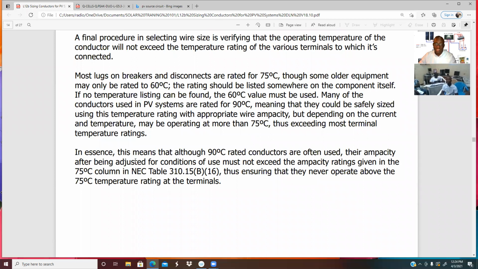In essence, this means that although 90-degree rated conductors are often used, their capacity after being adjusted for conditions of use must not exceed the capacity readings even in the 75 degrees column in NEC Table 310.15(B)(16). Thus we assure that they never operate above the 75-degree temperature rating at the terminal.